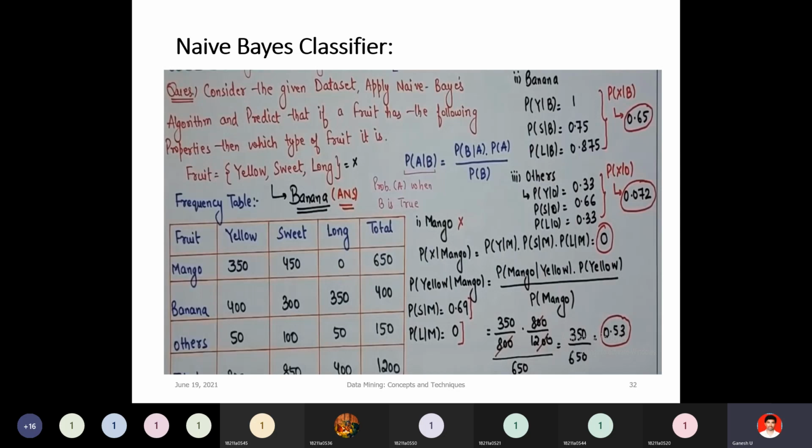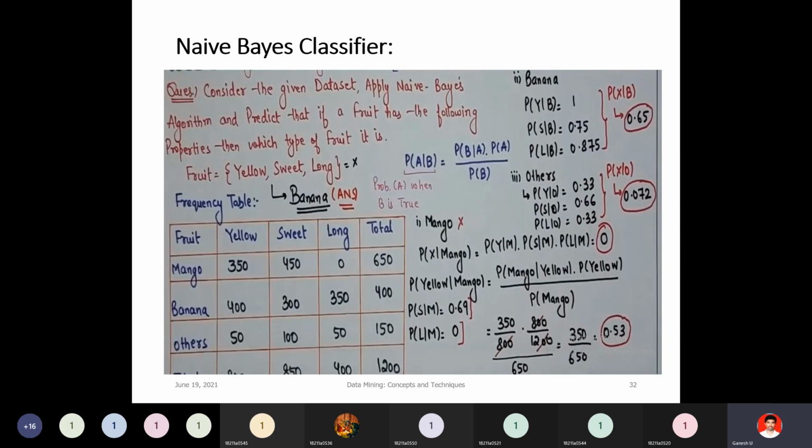Here long is 0, so the total result is 0. If you have doubt, check mango by long. Mango in long is 0, and 0 multiplied with anything is 0. That's why this is 0.